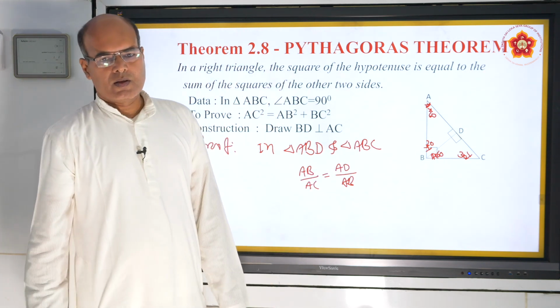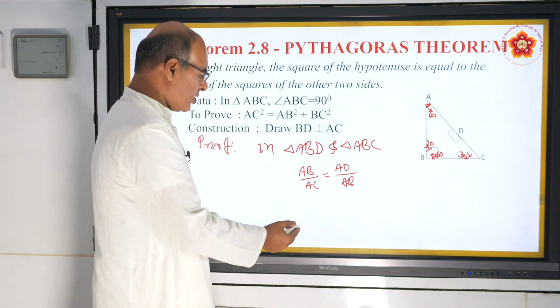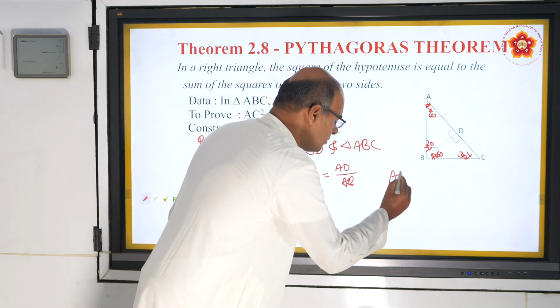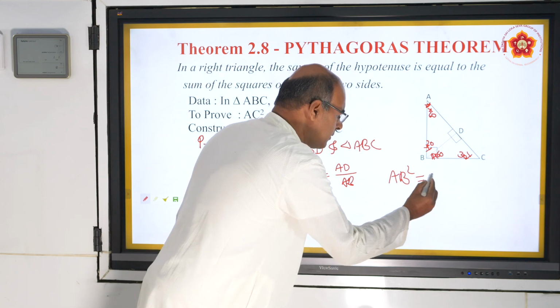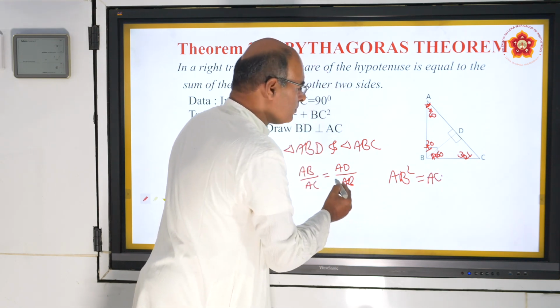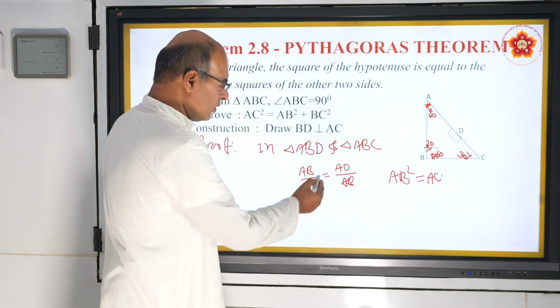So now cross multiply, you get AB square is equal to AC into AD.